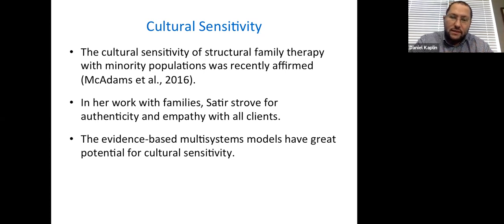So you see tremendous potential for cultural sensitivity there, and in the multi-systemic model as well. So long story short, family systems models are very good, or can be very good, at cultural sensitivity.